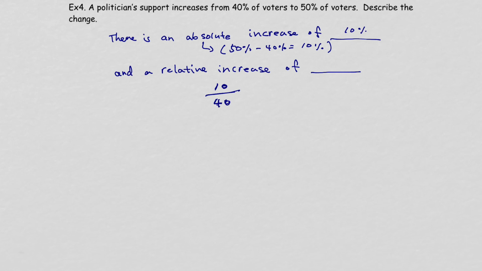We call this the relative increase, and this gives you about 1/4, or 25%. So with the same problem, the absolute increase and the relative increase will be different.